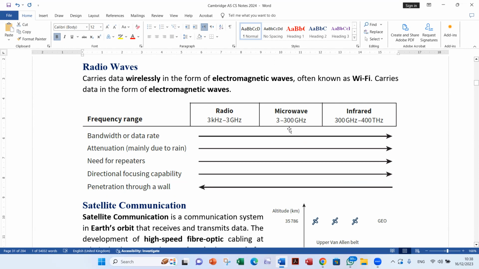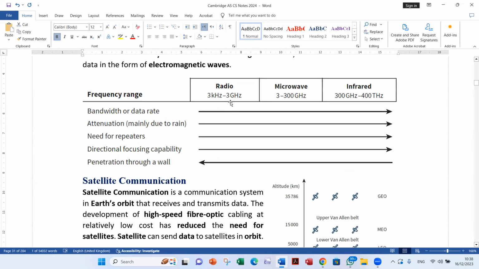These are the wireless frequencies. So we have here radio, microwave and infrared, and it depends upon the frequency of the light wave. You may know about this in physics. We don't have to study that much in detail because we are not doing physics. But light has a frequency.